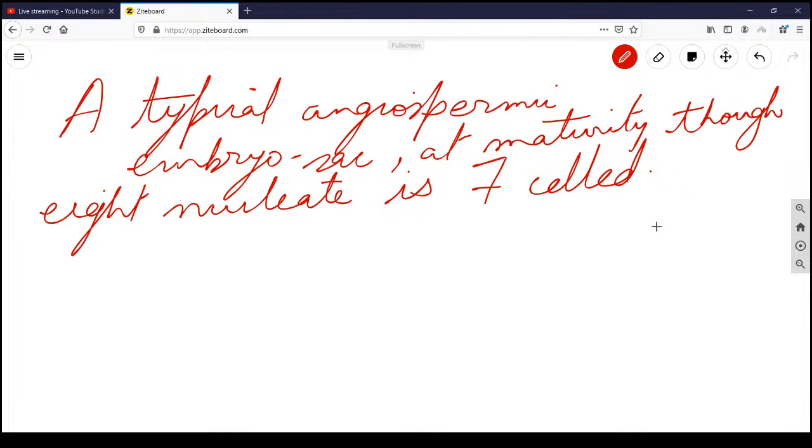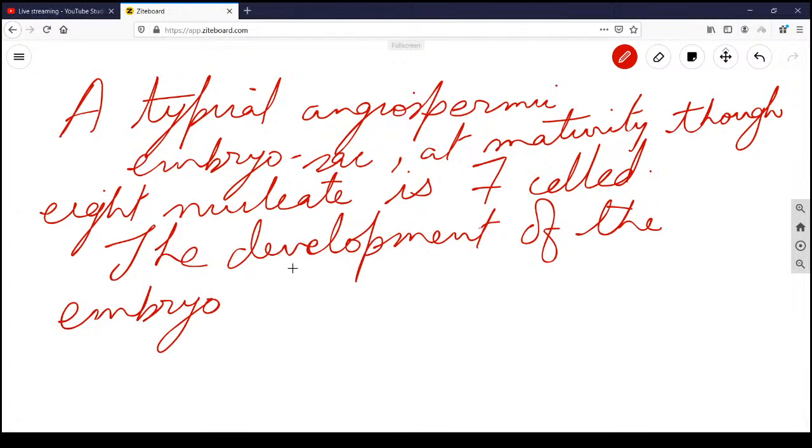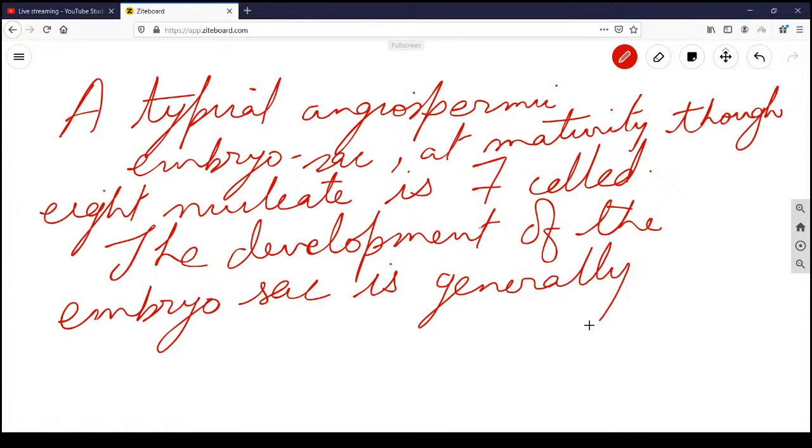So the development of the embryo sac is generally monosporic, that is, from 1 megaspore, in the case of angiosperm plants.